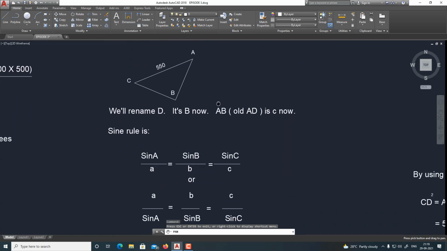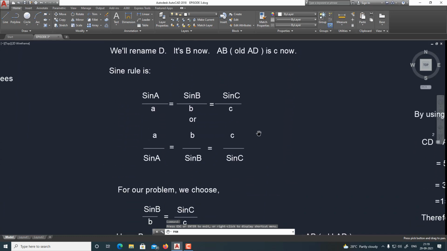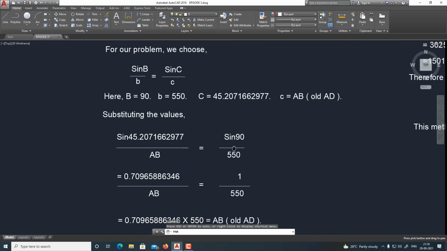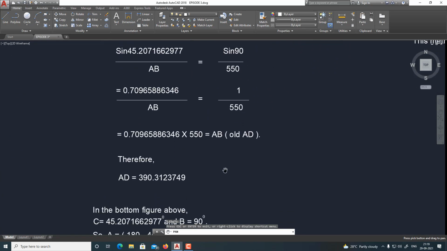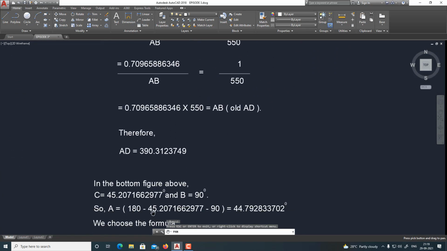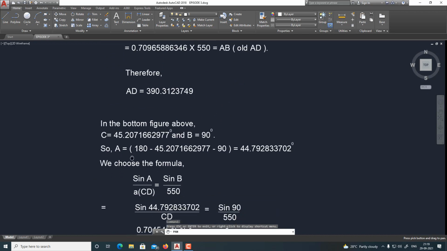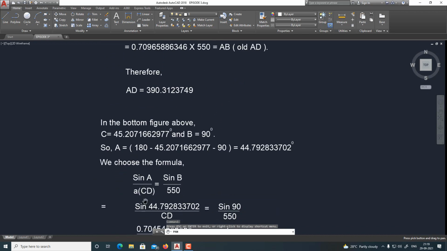So whatever it may be, CB is equal to CD. So sin A by a is CD, sin B by 550.